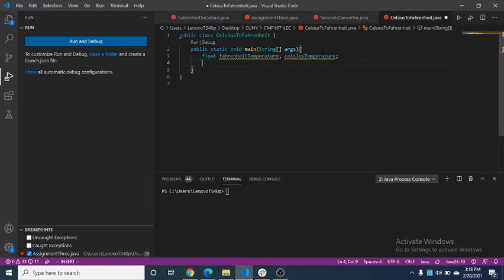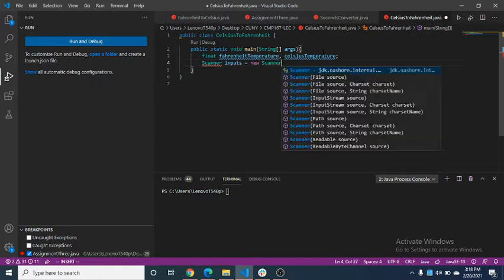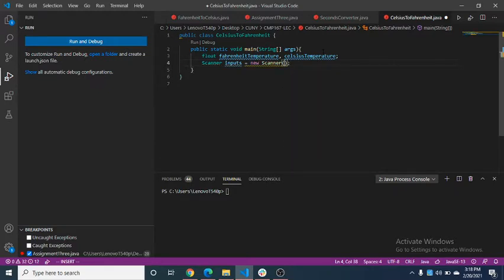Now, I'm going to go ahead and declare a scanner object, inputs equals new Scanner System.in. Okay. And then I know I need a prompt, right?